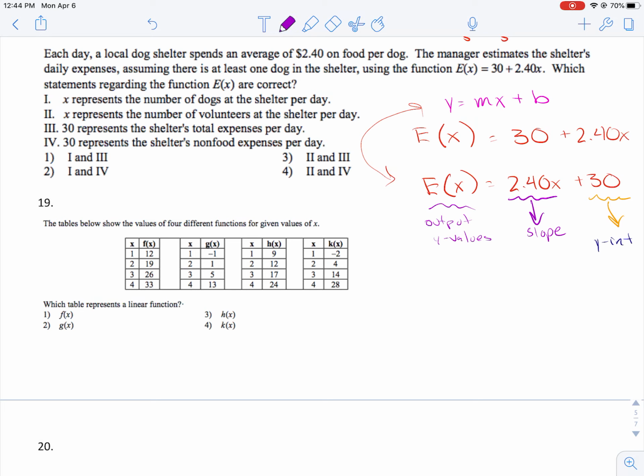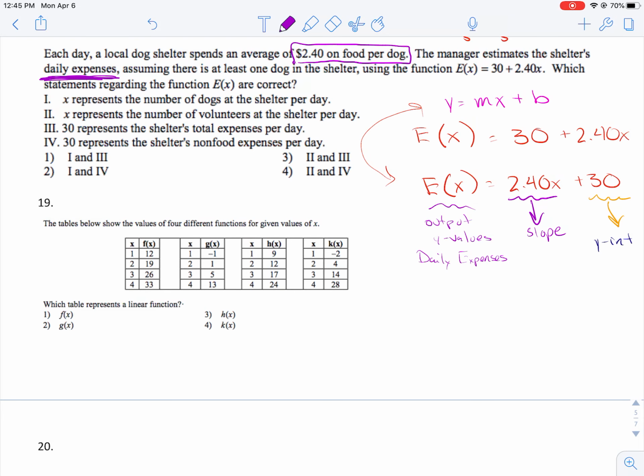So, in this case, the manager estimates the shelter's daily expenses using this function. So this function gives us our daily expenses.